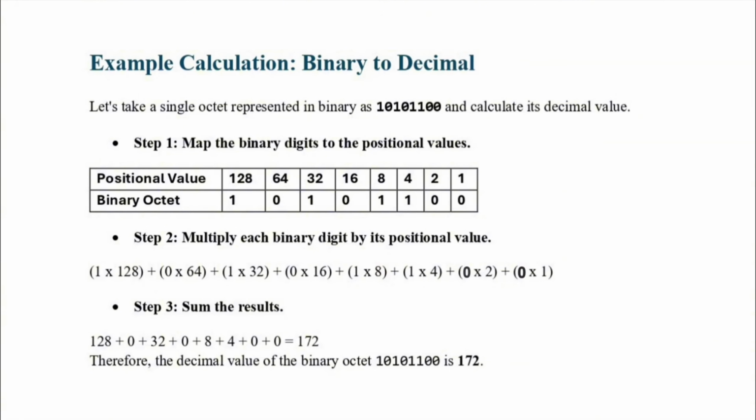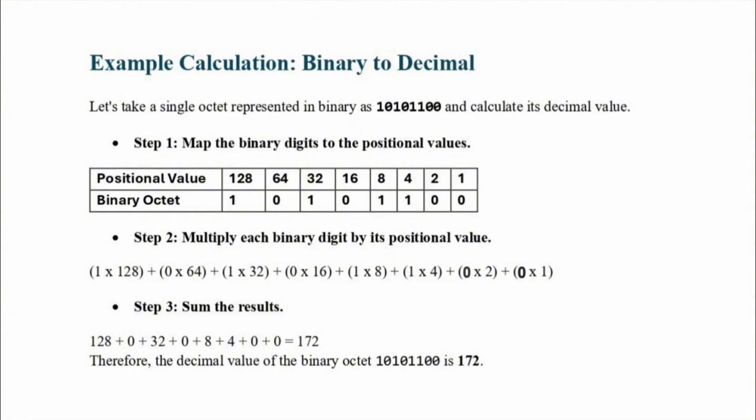Now let's understand how to convert a binary octet into decimal. We will take an example of a binary octet, 10101100, and calculate its decimal value.